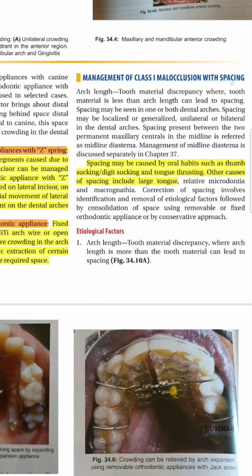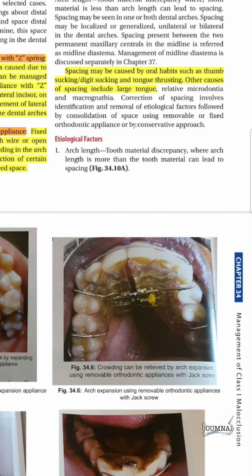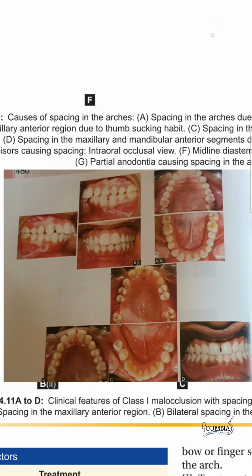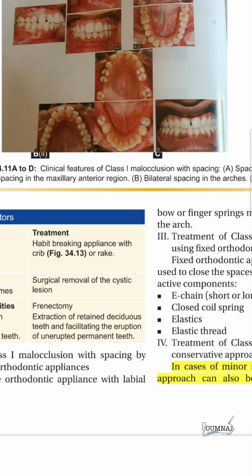As for spacing, spacing is induced by oral habits such as thumb sucking or tongue thrusting and large tongue. It can be unilateral or bilateral on one arch or on both arches. It can be localized or generalized.